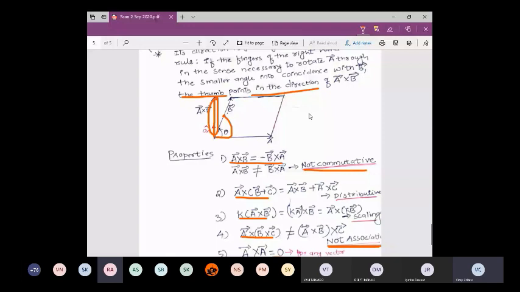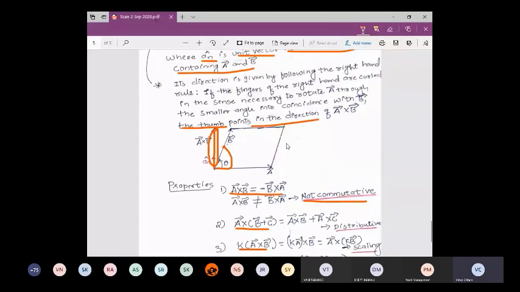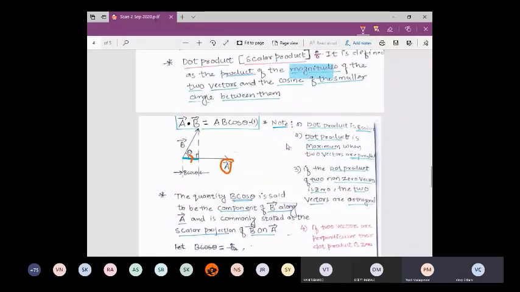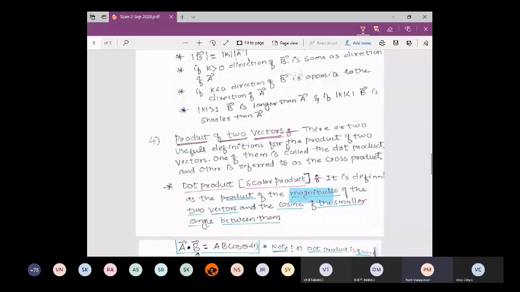Sir, what about 180 degrees? In the dot product, sine is 0 at 180 degrees. If we consider cos 180 in the dot product, it is opposite in direction.